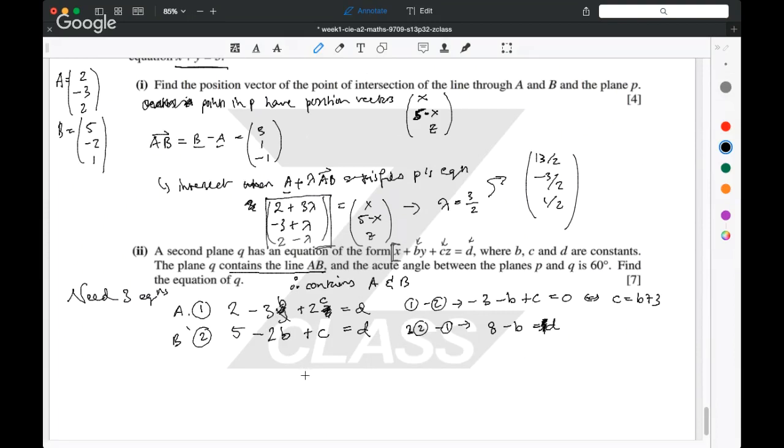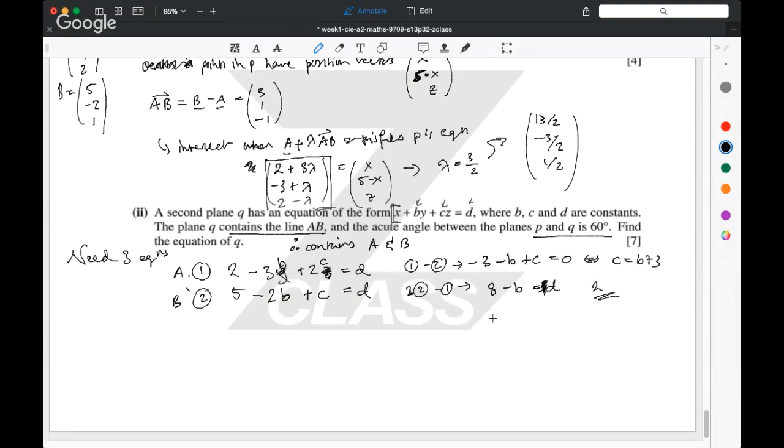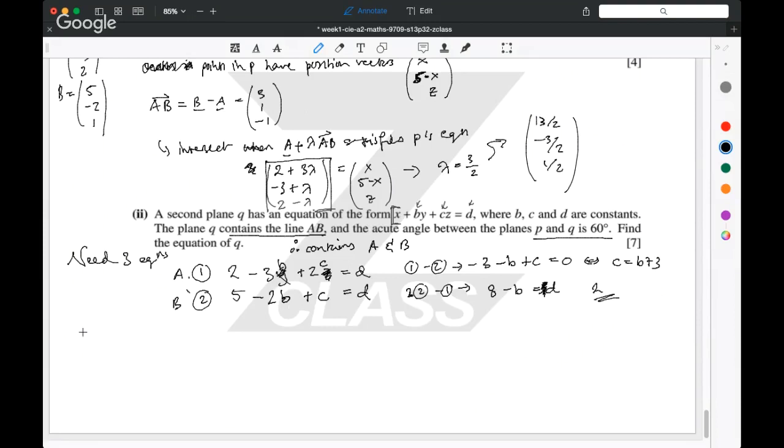Right. So we have 2 equations here, but we need one more. And we have to use the fact that the angle between P and Q is 60 degrees. So if the angle between the 2 planes is 60 degrees, that means the angle between their normals is 60 degrees. Well, normals you just find by using the coefficients in front of x, y, and z in the constraint equation.